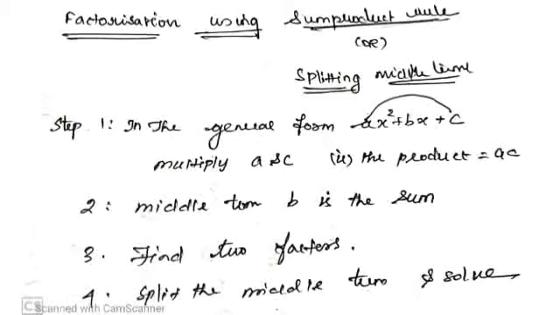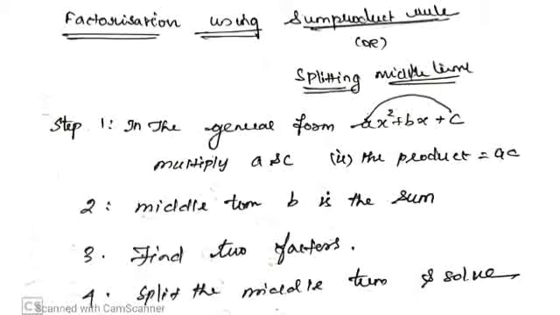So for splitting the middle term, there are some steps we have to follow to find the answer. The first step, here also, is a must: the given question must be in the general form. If the problem is not given in the general form, we first want to convert it into the general form, and then we can start the procedure.